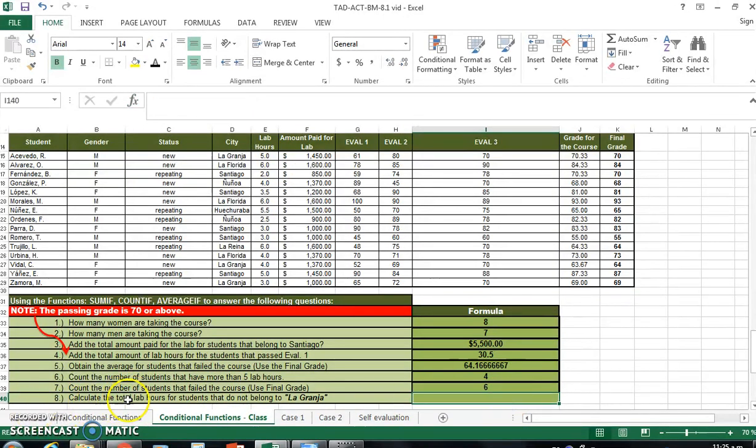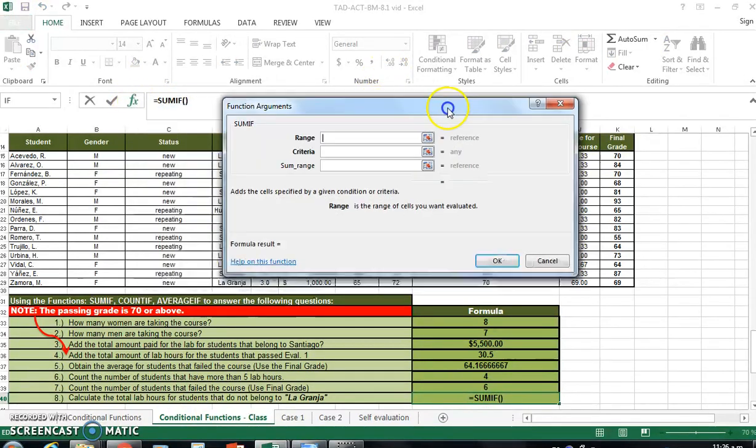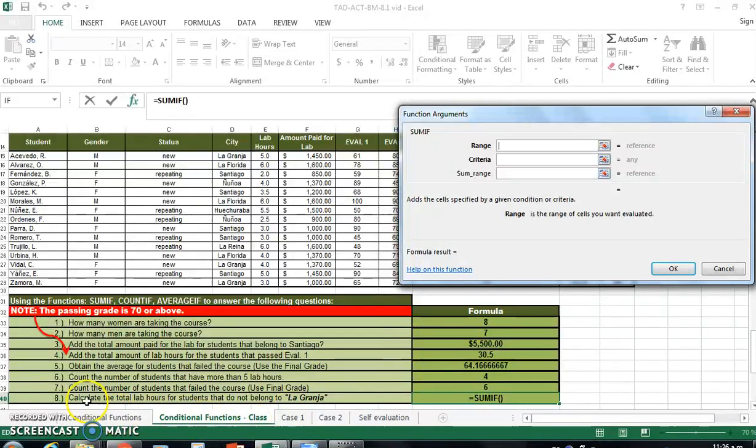Finally, calculate the total. Total means sum, and it's not for everybody, so SUMIF, because we have VIPs. So who are our VIPs now? It says calculate the total of the lab hours, meaning the range of cells to sum is going to be the lab hours. Okay? But not for everybody, only for the students that do not belong to La Granja.